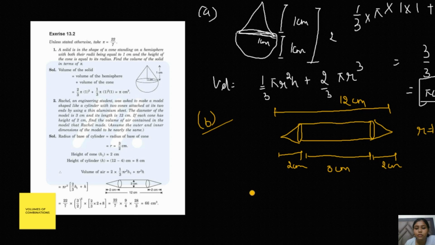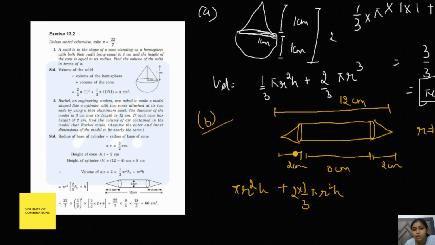The volume of the cylinder is pi r square h, plus 1 by 3 pi r square h is the volume of a cone, multiplied by 2 because there are two cones of equal size.